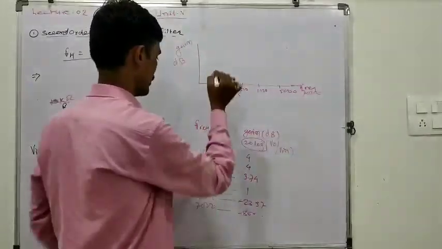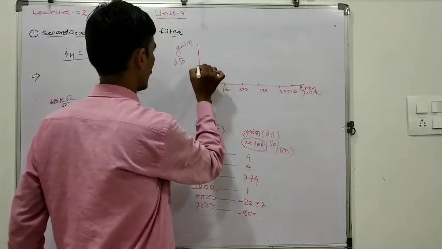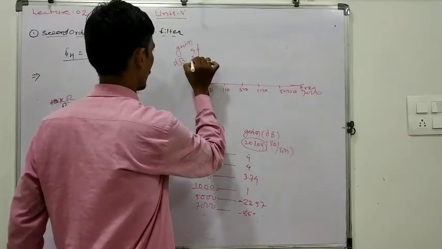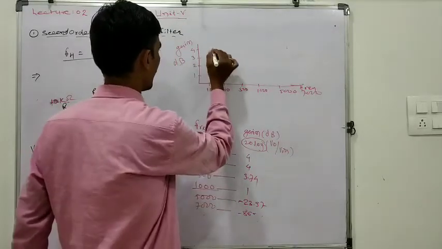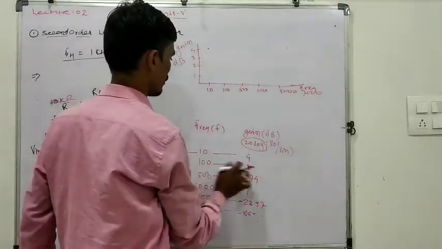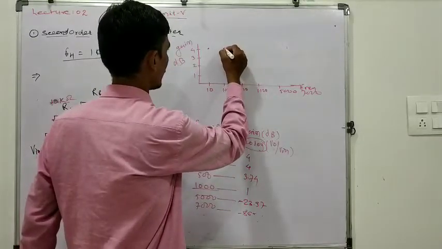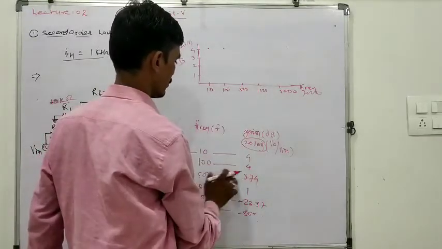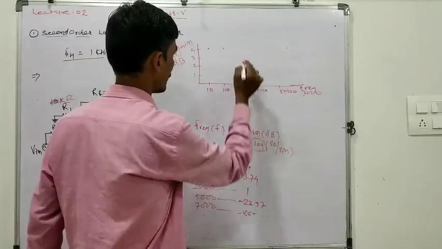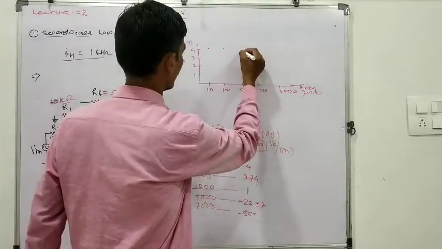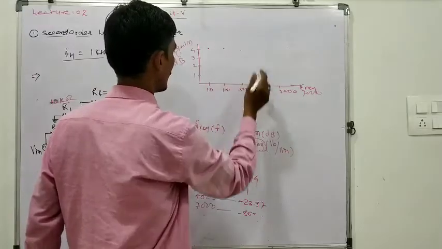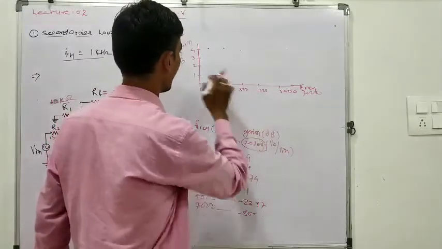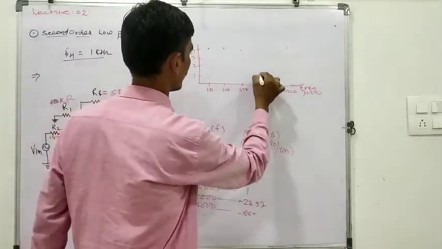So for this it is 1, 2, 3, 4. For 10 we are getting the gain equal to 4. For 100 we are getting the gain equal to 4, and for 500 3.75, it is near about this.